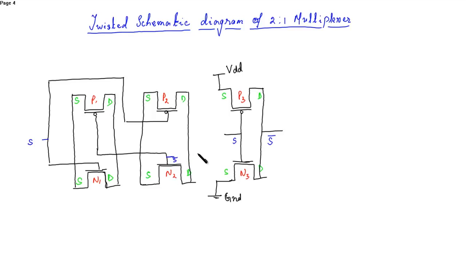So directly we can't go from here. Poly. This is S bar. This is poly and this is metal, so not a problem. S bar, and here S, this is also poly.